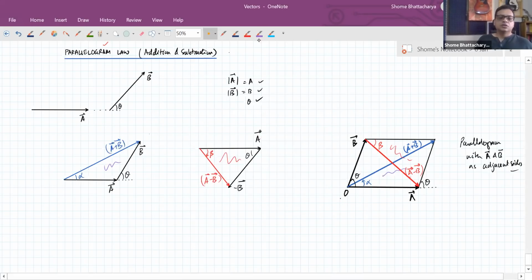This triangle. So the parallelogram law combines the vector triangles that represent A plus B and A minus B.